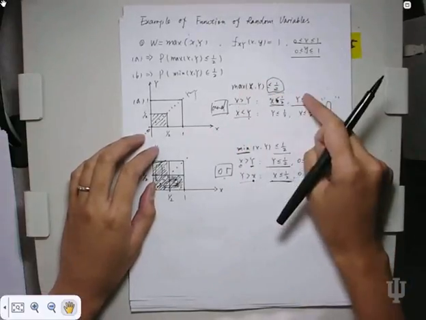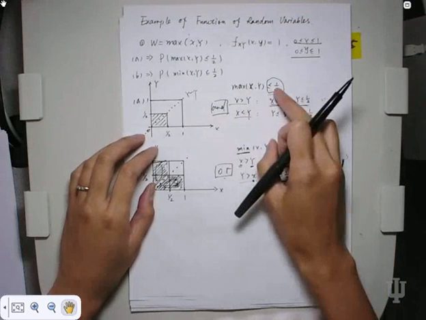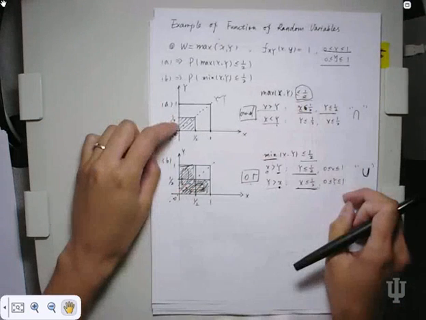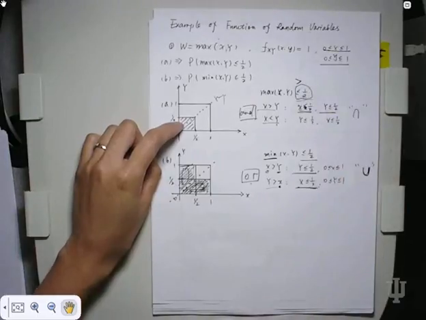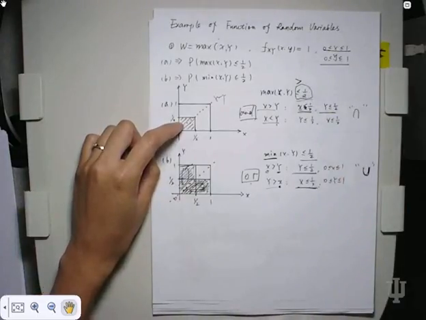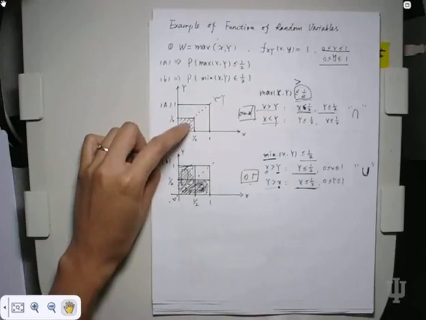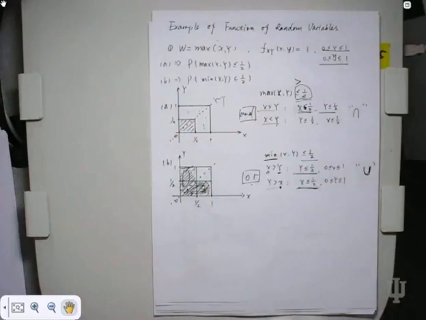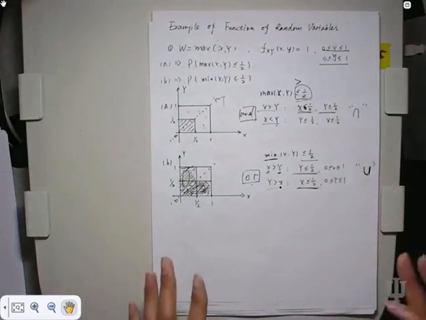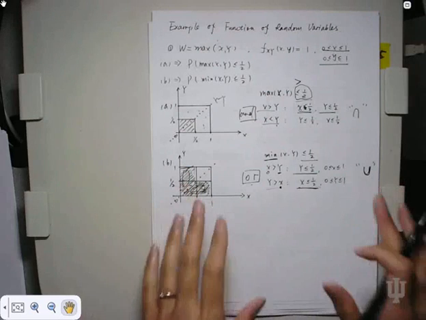How about greater than? If you just look at this figure, if I change this to greater than 1/2, it has to be the complementary part of my square, right? So it's that part. So you need to be able to do all kinds of problems like this.